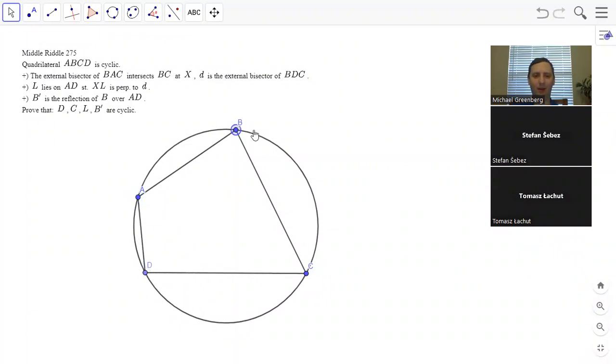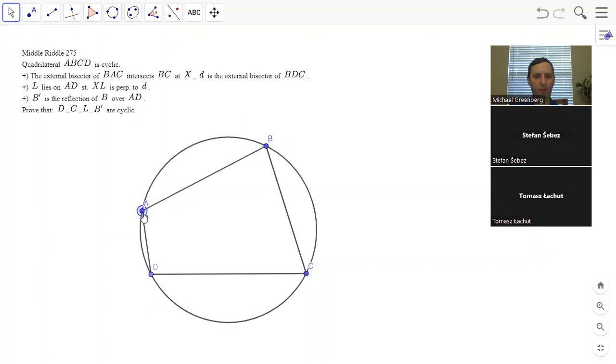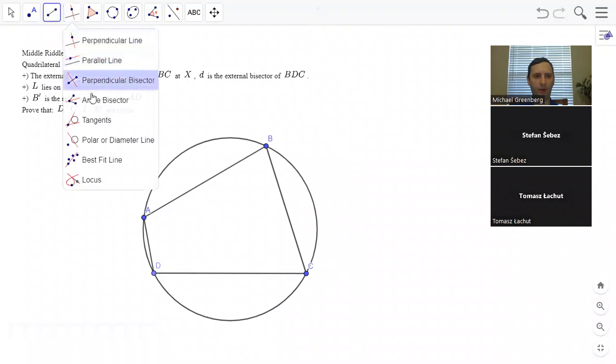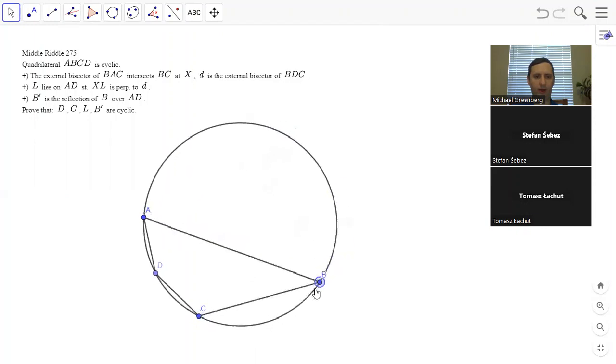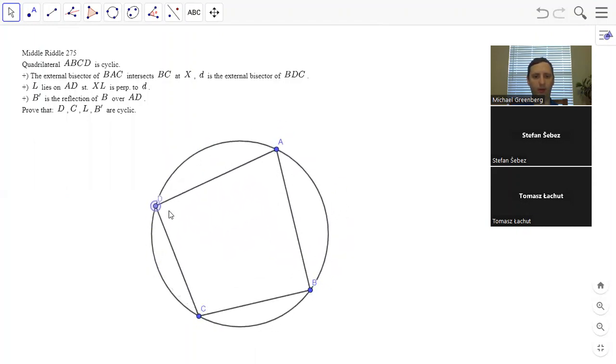Okay. So yeah, maybe this one will be a little bit trickier. Okay, so we want to be able to draw the external bisector of BAC, sorry. In that case, it's probably good to draw it something like this.